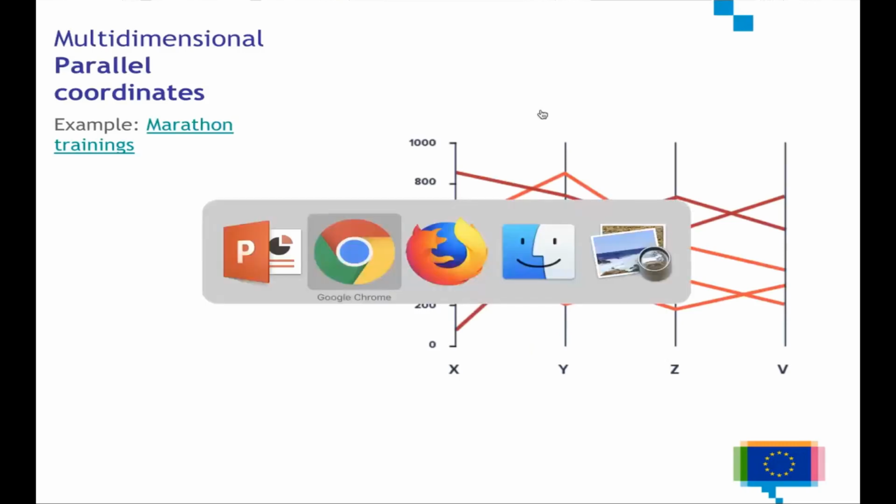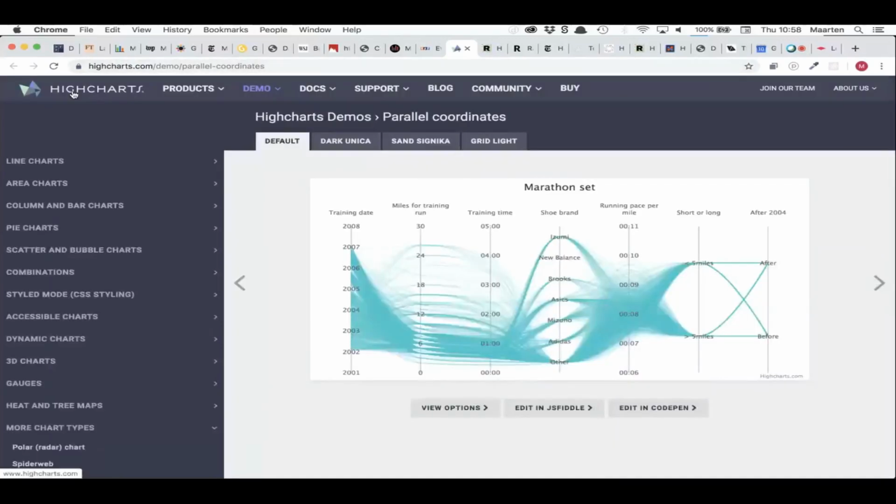And I think this will also become a little clearer if we can show an example. So this is a data set about people training to run a marathon, and those people tracked a lot of data when they were performing the runs to train to run a marathon.